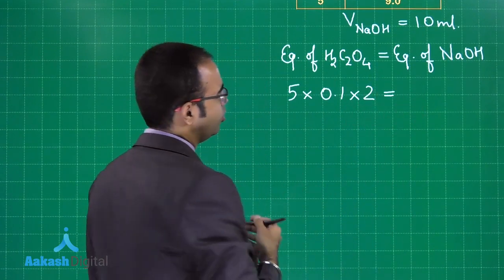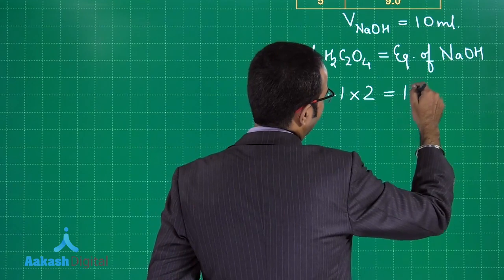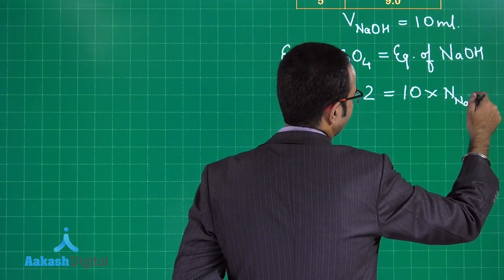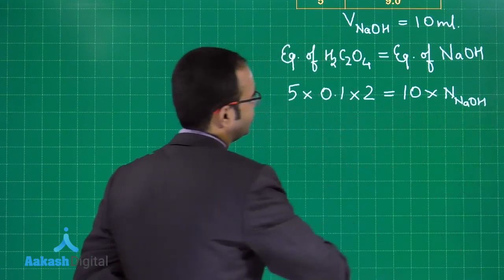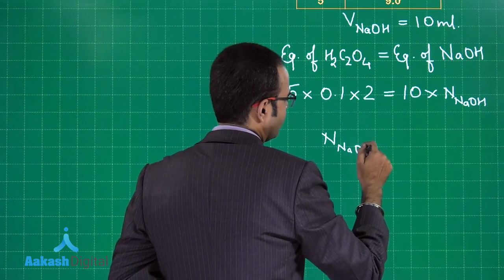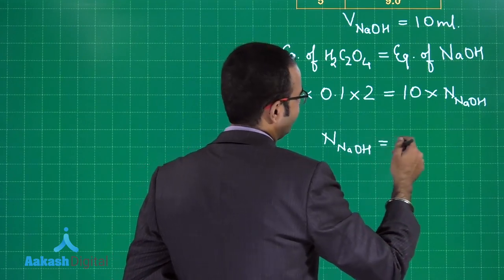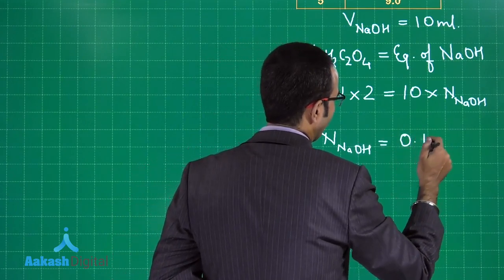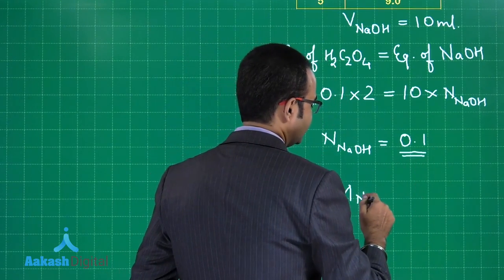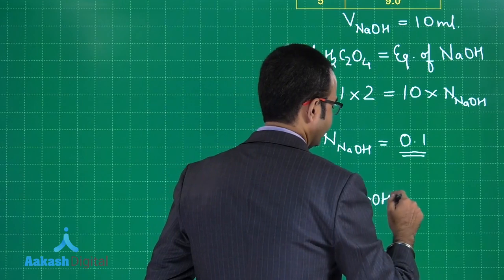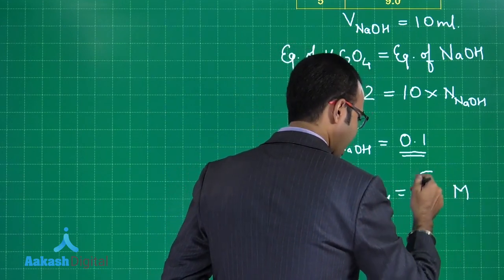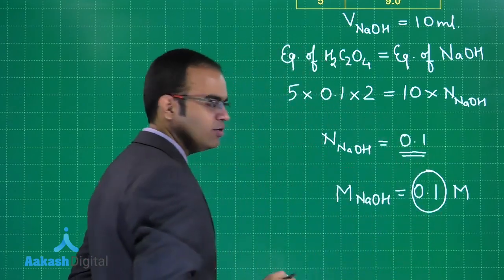This will be equal to the volume of NaOH into the normality of NaOH. The normality of NaOH will be 0.1. So the molarity of NaOH is 0.1. So your answer is 0.1.